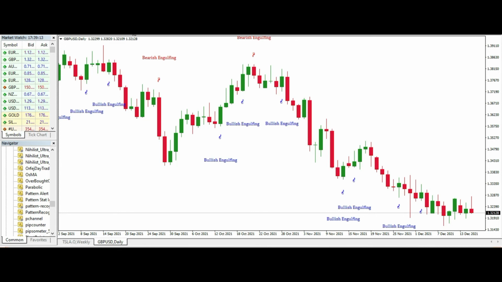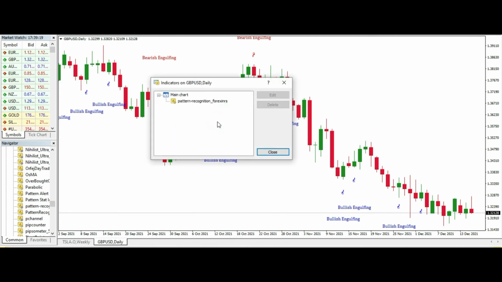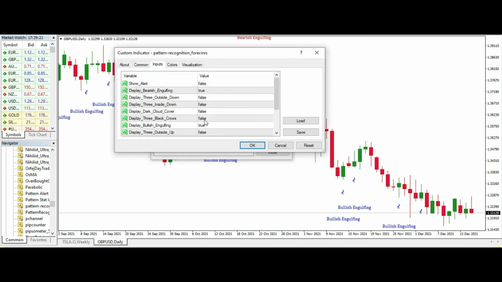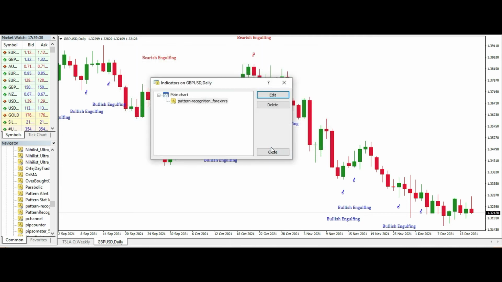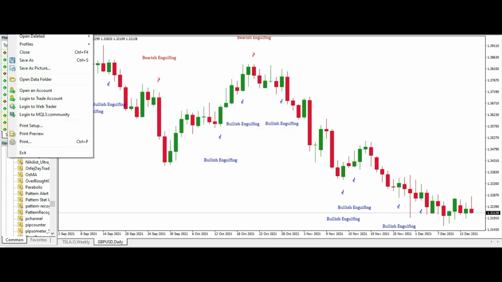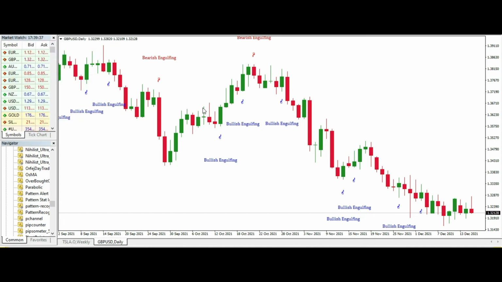But now what I want to tell you about this indicator is that you can easily switch and set every single one of these patterns to true or false. You can easily install it. If you want to install, just go to File, Open Data Folder.